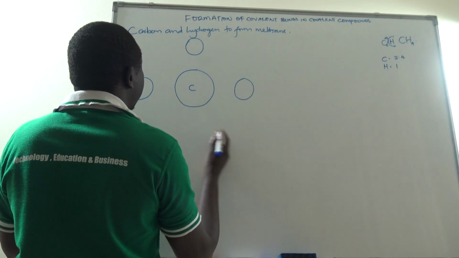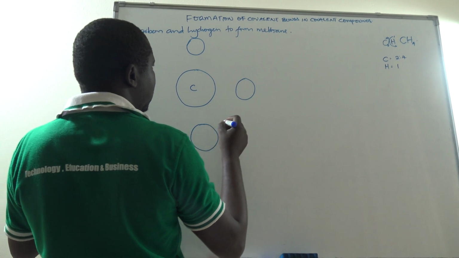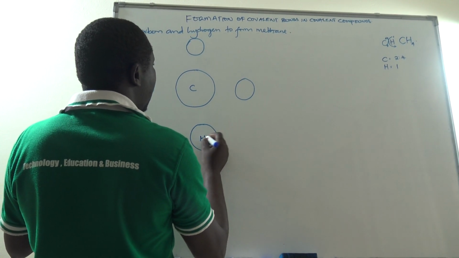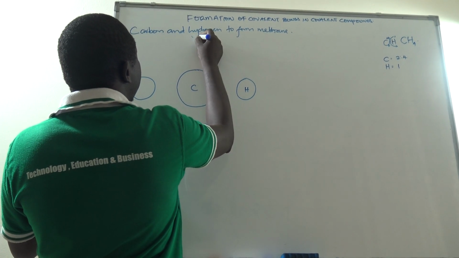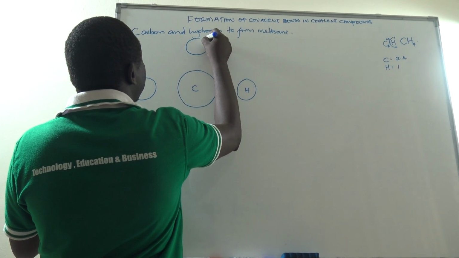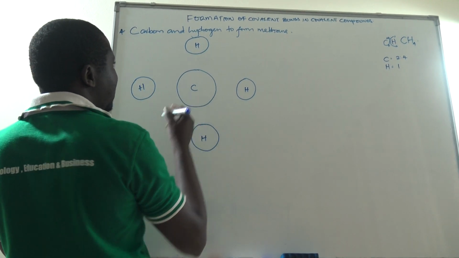Let us reduce the size of this one a bit. So I have 4 hydrogen atoms. We take the size of these atoms to be the same. And then this is the carbon atom.